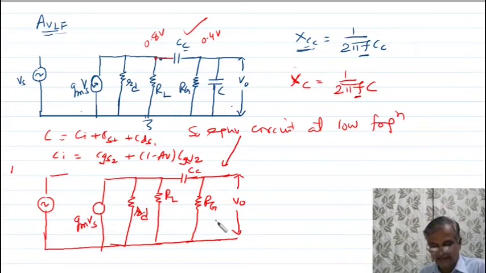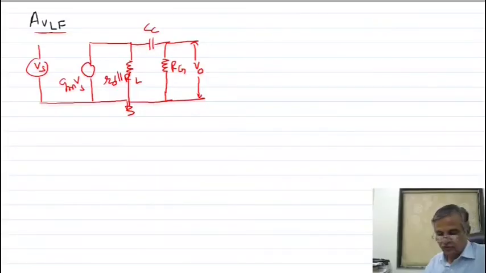In the next slide I will show RD parallel RL is equal to RO dash, and then very easily you can find the gain at low frequency. Okay.